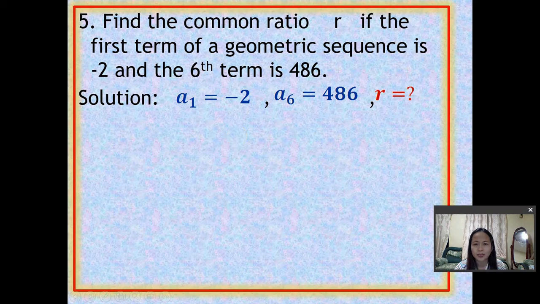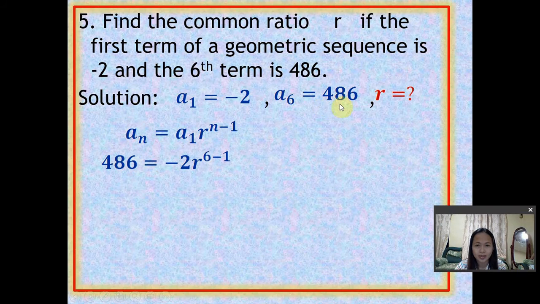Since we are talking about geometric sequence, we will apply the nth term of our geometric sequence. So substituting the nth term, our last term is 486. So for the second step, this will become 486 is equal to our first term, negative 2, times R, which is unknown.